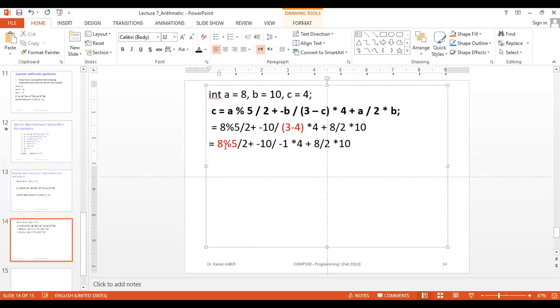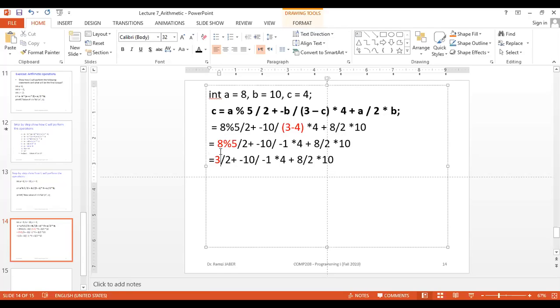So we start by modulus before division. Again, write it again: 8 modulus 5. What is it? 3, the remainder. 8 divided by 5 gives us 1 quotient and the remainder 3. So 8 modulus 5 will be 3.